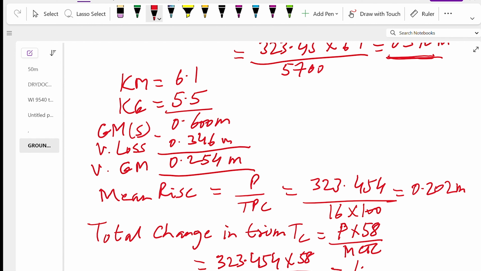So 1.43 meters. The formula for change of trim, trimming moment upon MCTC, gives the answer in centimeters. I divide by 100. So you get change in the trim 1.443.